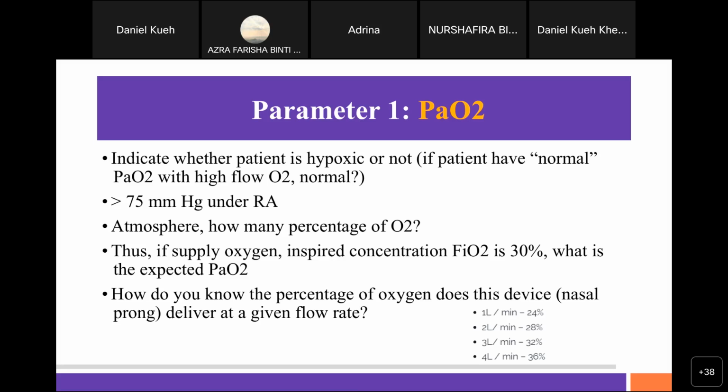So my question is, for example, if I gave a patient oxygen, not under room air, and the FiO2 is 30%, what is the expected PaO2 if you were to measure the ABG of the patient?